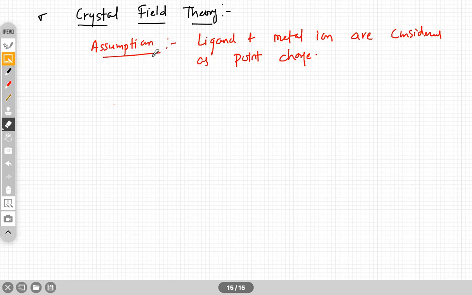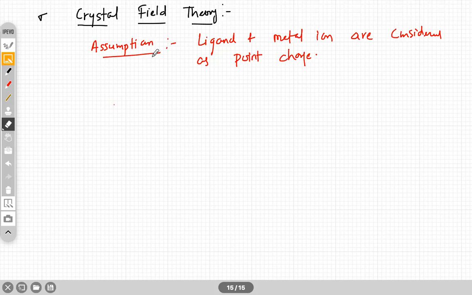According to this theory, the bonding in the coordination complex is completely electrostatic, and we assume the ligand and the metal ion as a point charge.